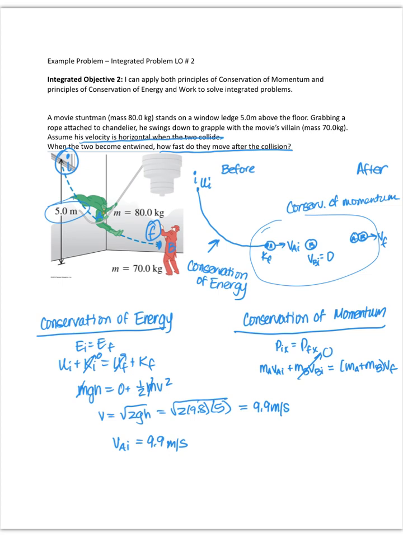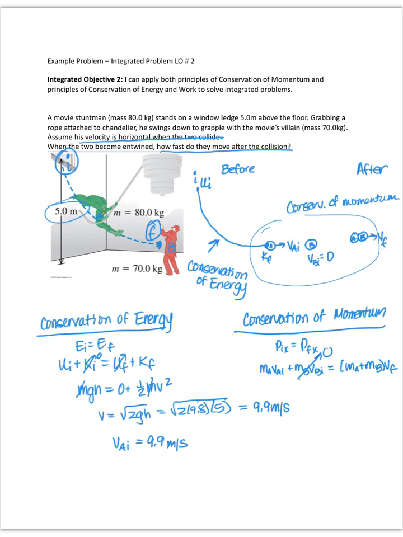So looking initially, does object A, which is the stuntman, have momentum? That would be given by its mass times velocity. I also look at the villain, which is person B. His momentum will be mass times his velocity. But remember, he's initially motionless, so that term just goes to 0.